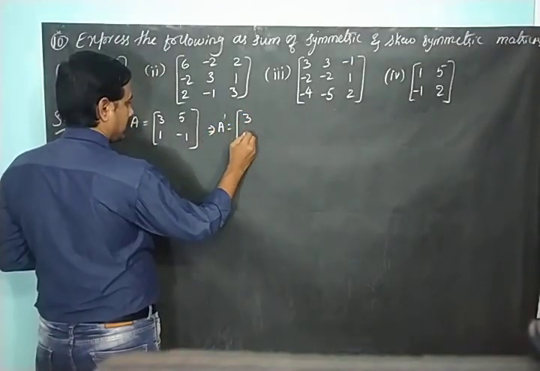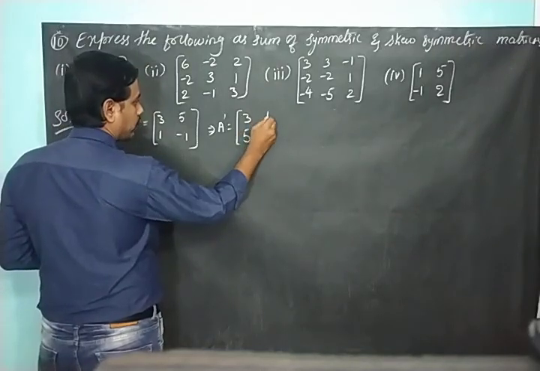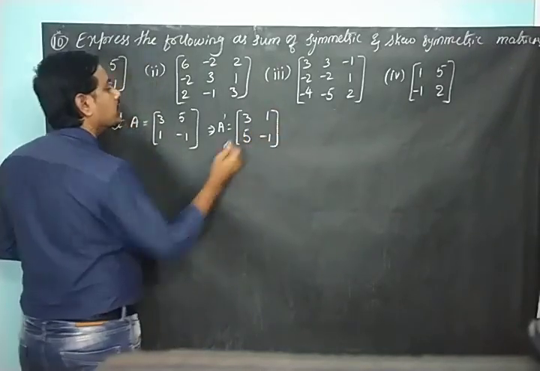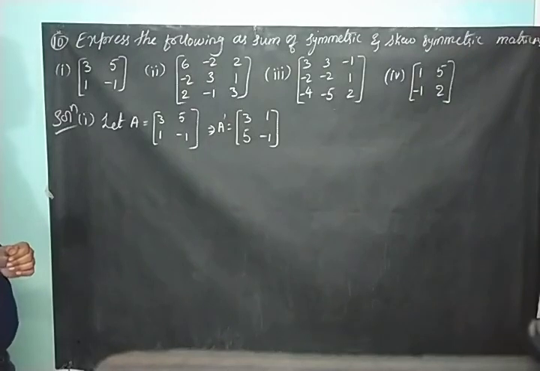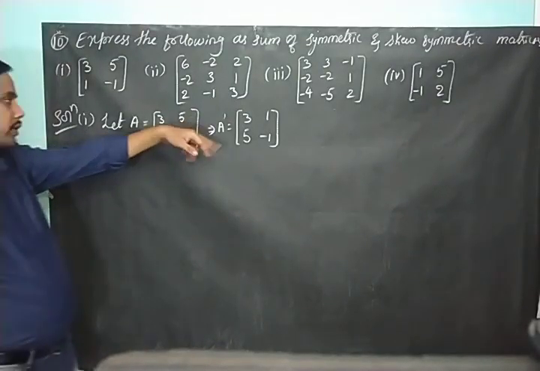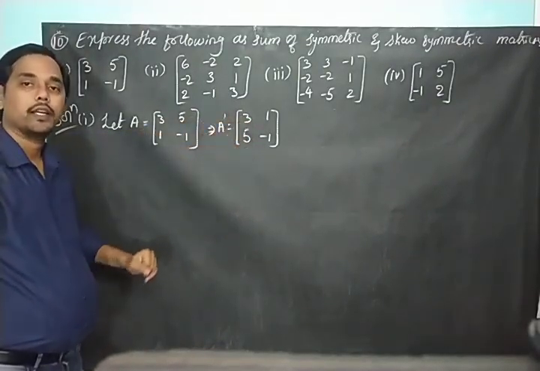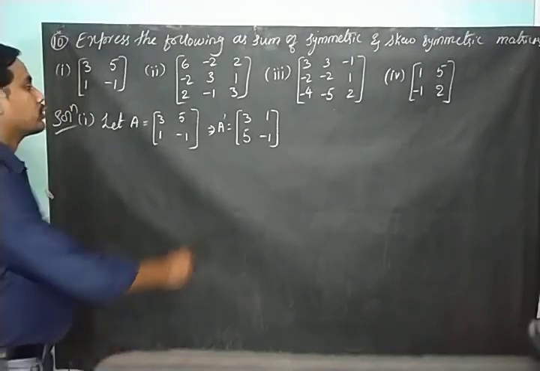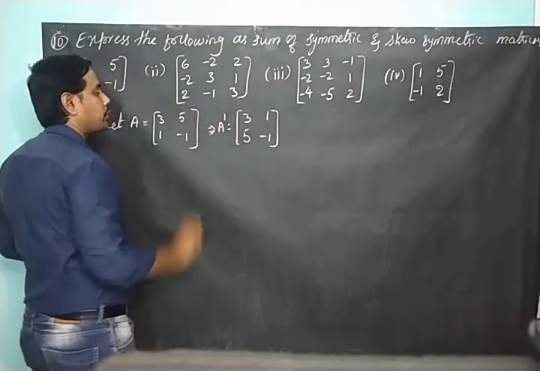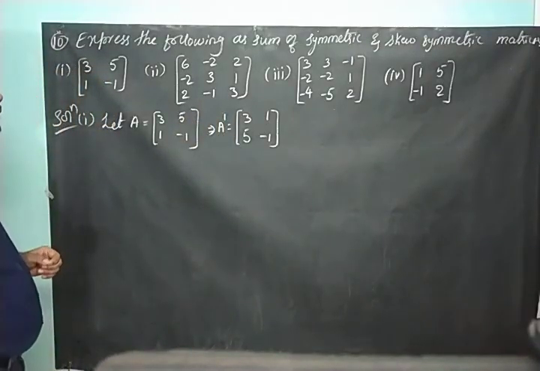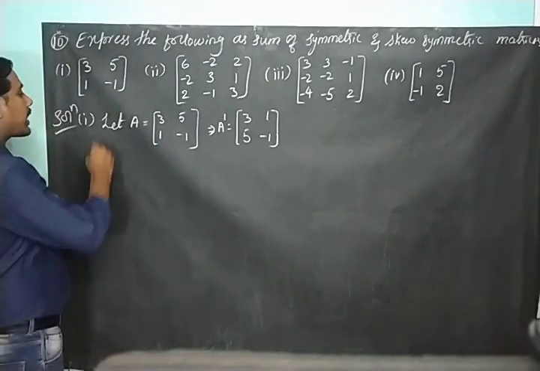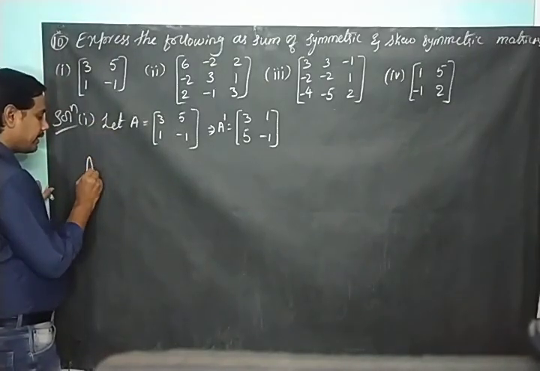A transpose will be 3, 1, 5, minus 1. Right? So this is A transpose.